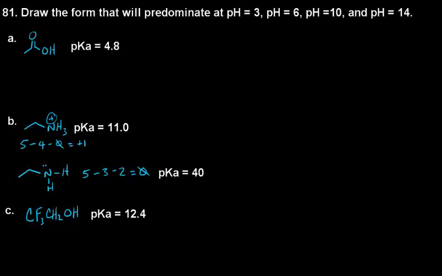Okay, there is a very simple rule to help you get through this, and I'm just going to write it down real quick. We have two if-then statements. If the pH is less than the pKa of the molecule, or if the pH is greater than the pKa of the molecule, we're going to have two different results.